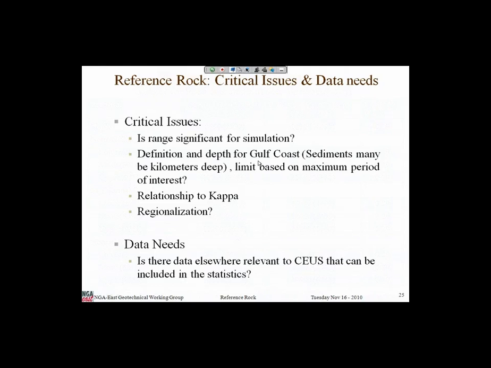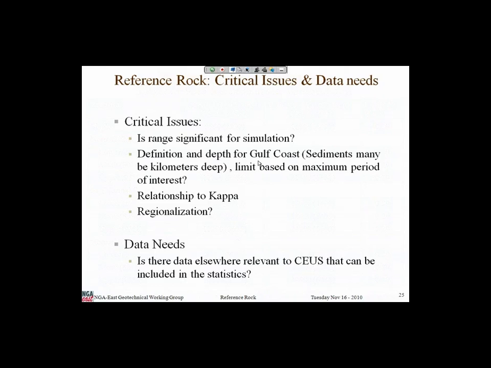Oh, okay. So here are some critical issues. There may be some other ones, and actually, there's a few more I'm going to add right now. A critical issue is we have a range in the values for the reference rock. Is that range significant for simulation? We also have an issue of how and where we define this reference rock down in the Gulf Coast, where the sediments may be several kilometers deep.